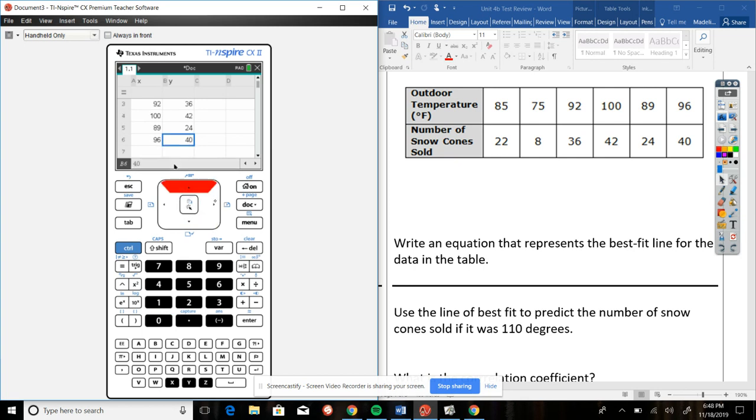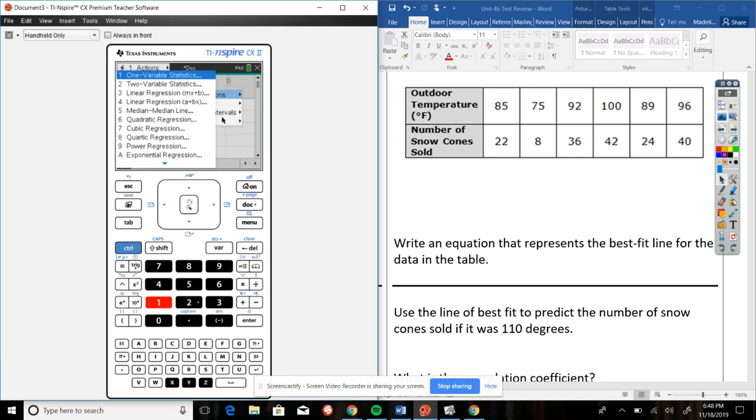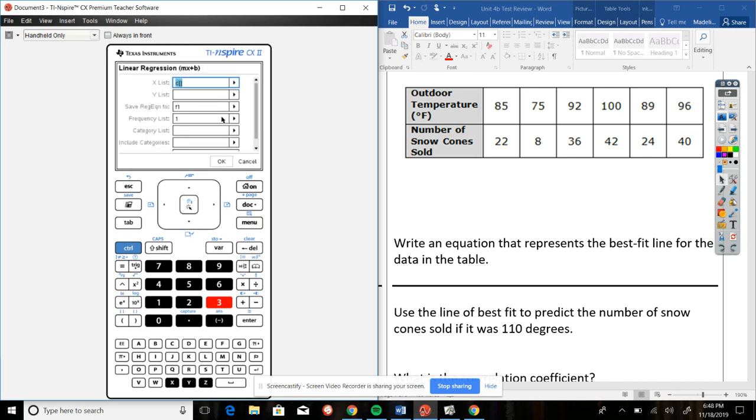So once you have that, just find a blank white square. So I'm going to pick this one. Make sure you don't have this gray area highlighted or else it will not work. So once you have a white square highlighted, you're going to hit Menu, then 4 for Statistics, 1 for Stat Calculations, 3 for Linear Regression.